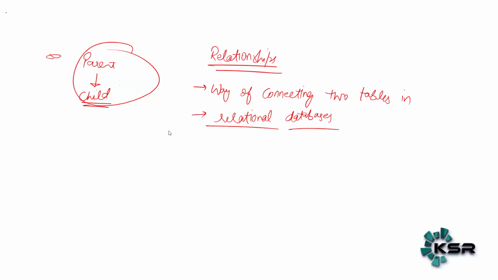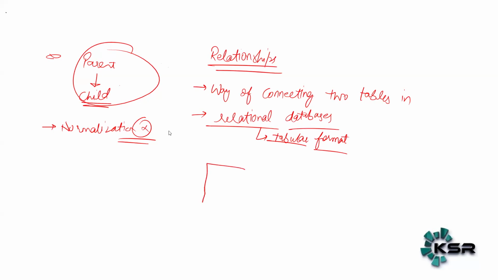Relational databases are where we have the data in tabular format. It is not possible to have all the data in one table, as that would violate something called normalization in databases, which is out of scope for us. So basically, relationships are the way to connect two tables using the columns.